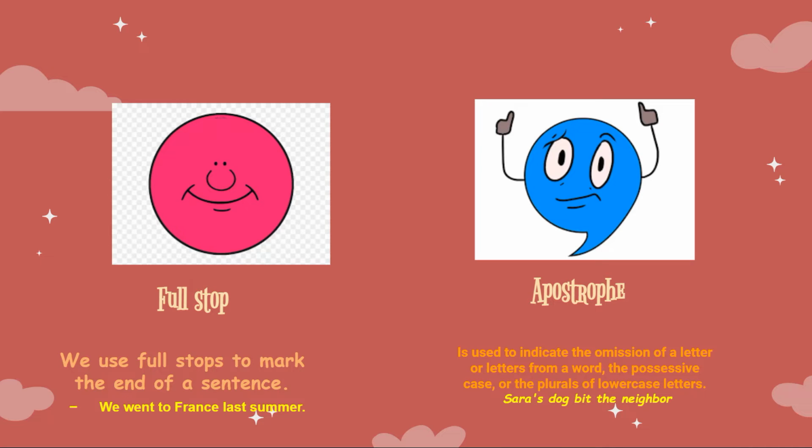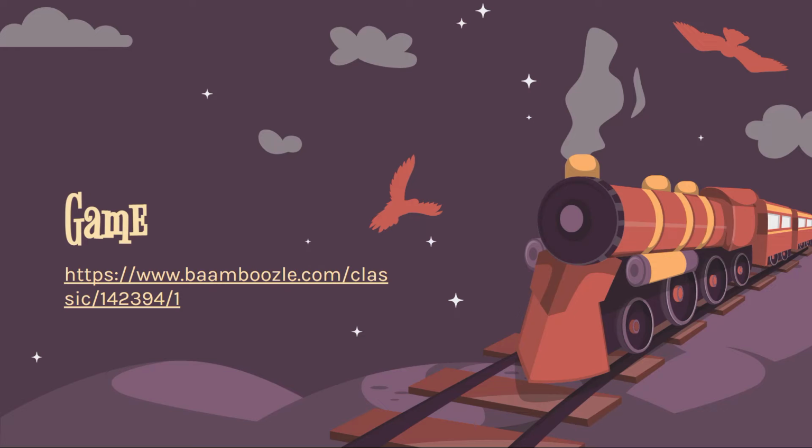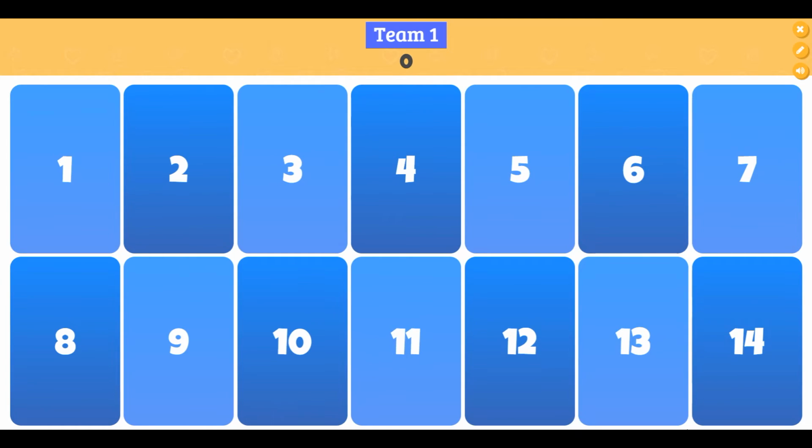So, as you understand, students, there are a number of punctuation marks in English language. So, it's time to play a game. Let's revise our grammar point. Students will play a game.